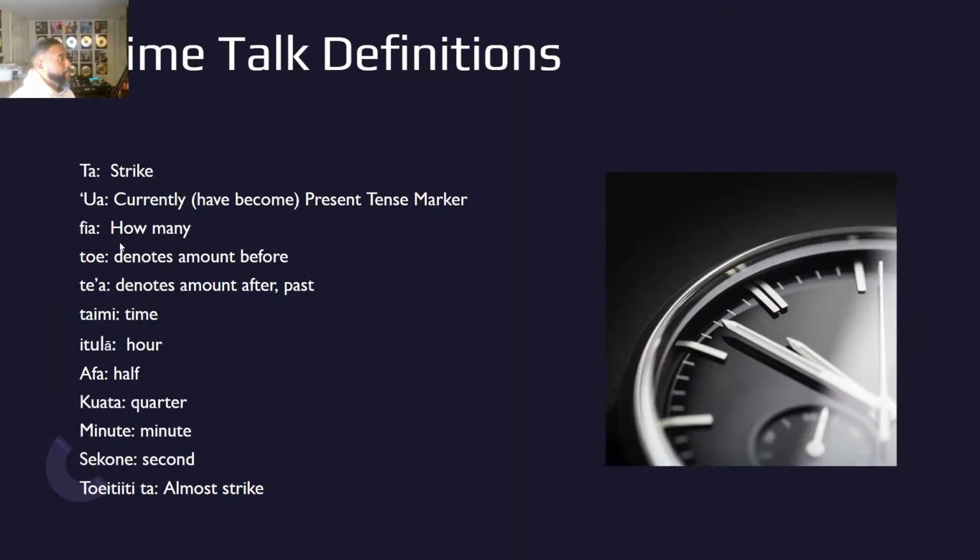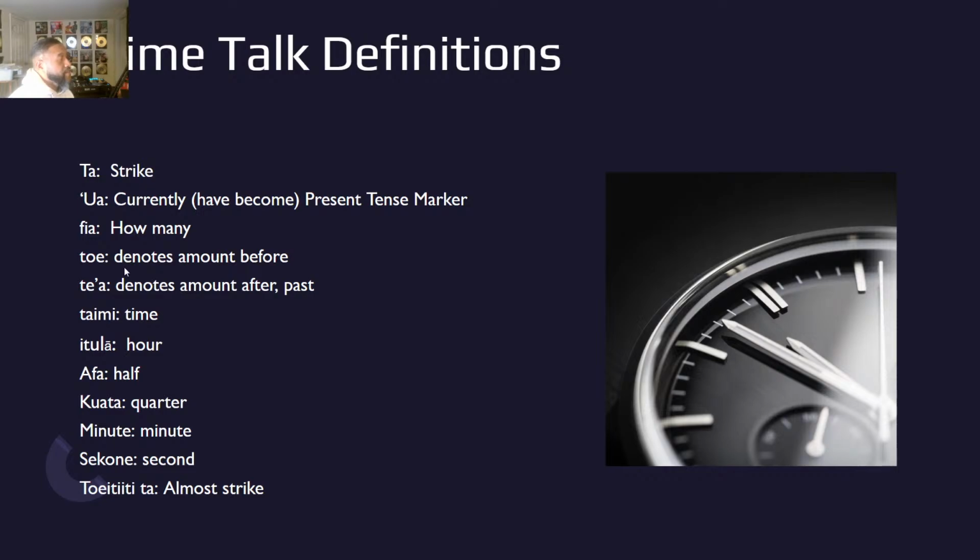All right, so fia means how many. A lot of times people, especially on the internet, when I go through the formal way of saying what time it is or replying with the time, the native Samoans are like, you don't have to say all that. But I'm just going through it so you can have it.